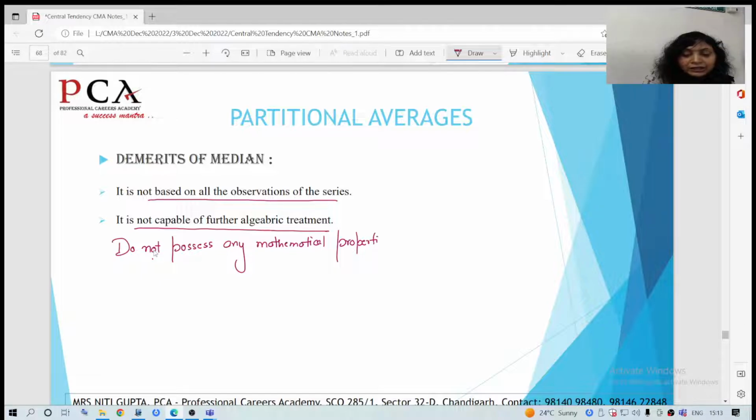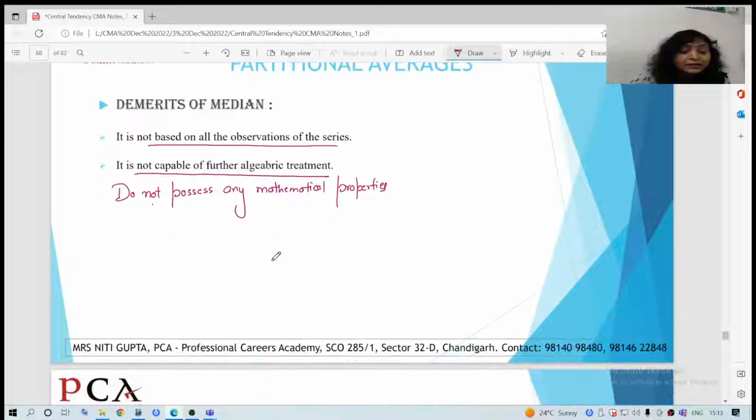Next, median. The most important thing is whenever we compute median, the series must be arranged in ascending order.